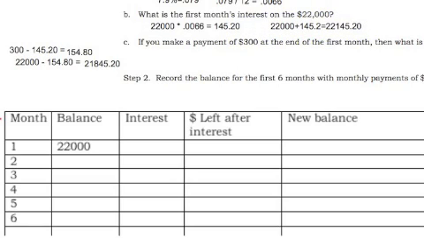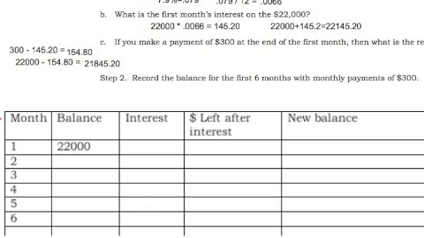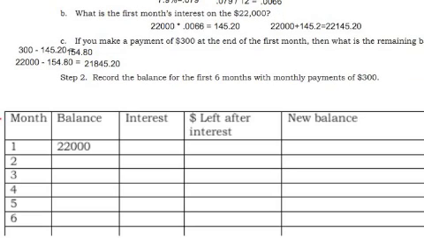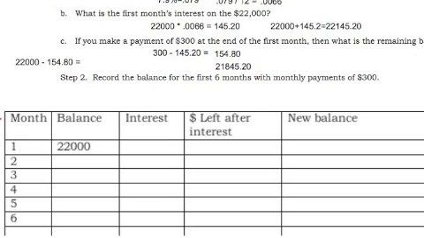However, I do plan to make a payment. And when I make a payment of $300, then after paying the interest first of $145.20, I have $154.80 left to pay towards my principal.